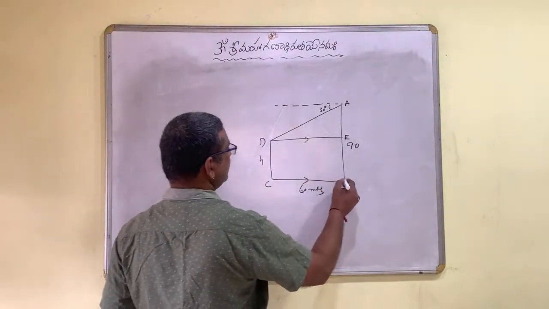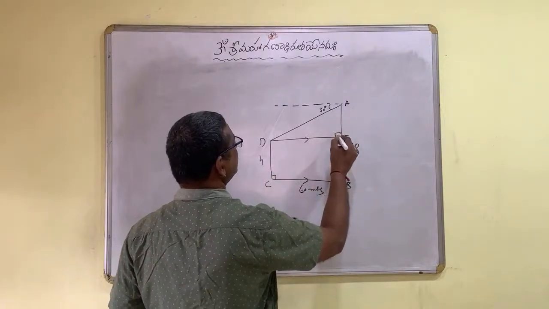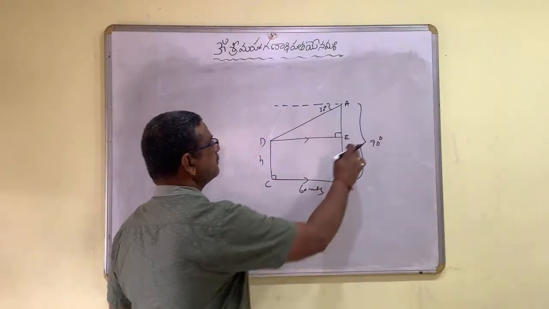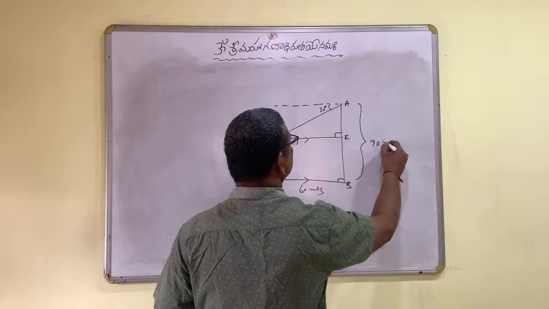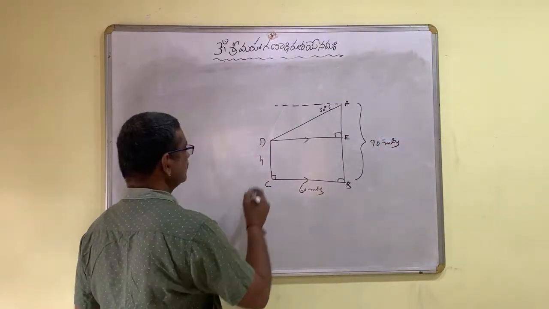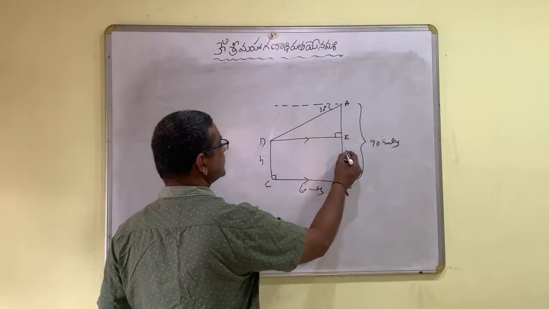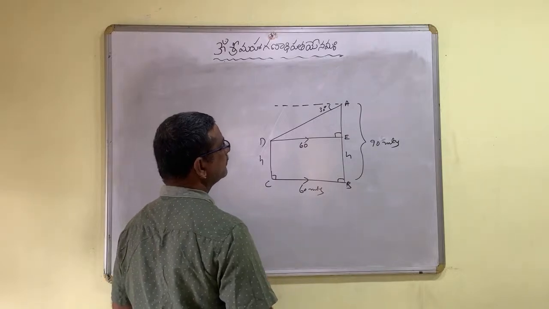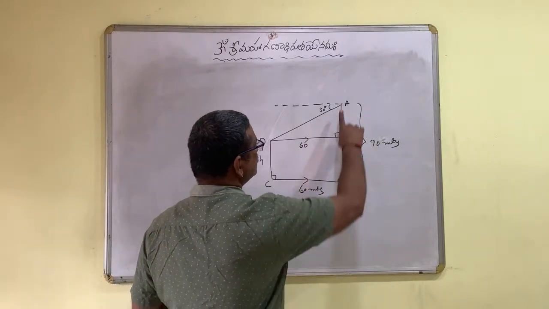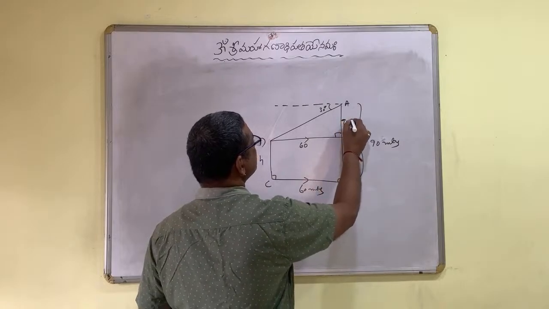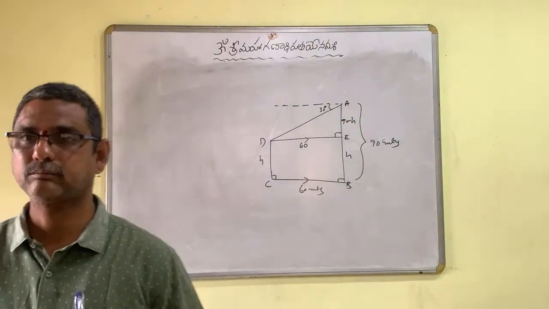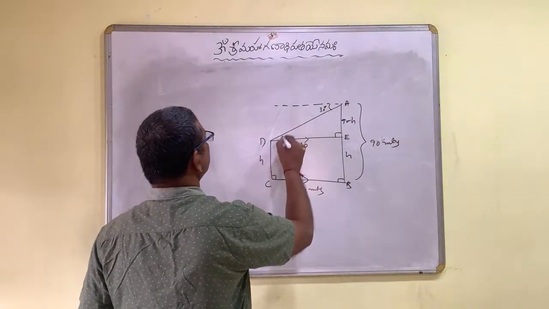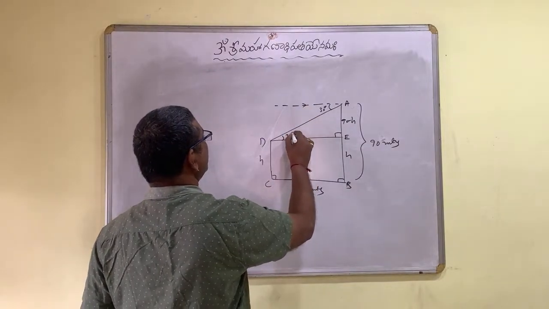So this is 90, and this total is given as 90 meters. We need to find out this one. If this is H, this is also H. If this is 60, this is also 60. If this is H meters and this total is 90, this will be 90 minus H. And these are alternate interior angles, so this is 30 degrees.